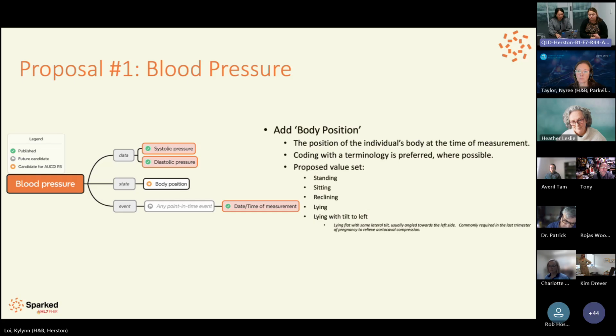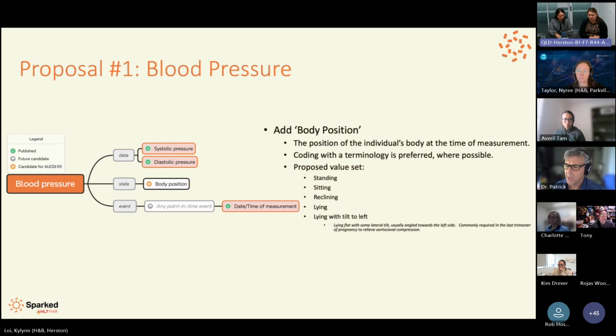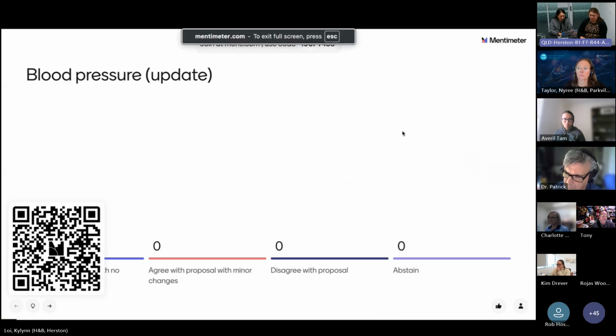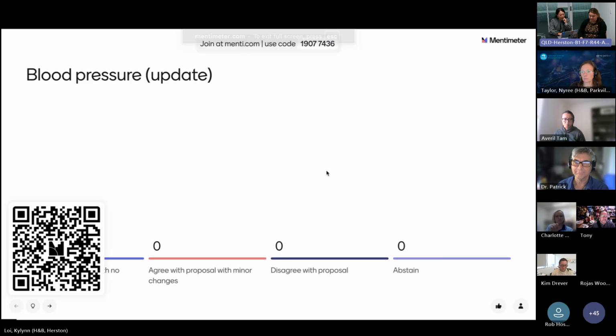Thanks, Heather. If there's no more questions, based on the requirements that we got from the community at the last one, we were looking to include body position, which is what Nai's just proposed. So if we could go to menti.com, there's a QR code here, or it's menti.com, and then the code is 19077436.